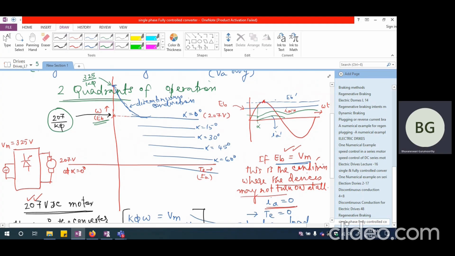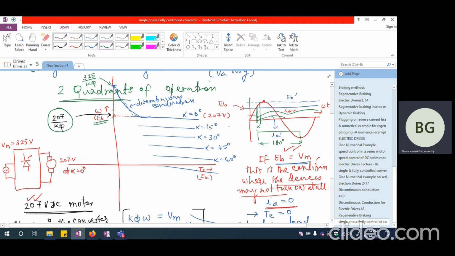Now, if alpha equal to 15 or 30 or 45, for none of them is the ideal no load speed any different, because wherever I am firing them, I will have the pulses going on for 180 degrees. So this is spanning over 180 degrees, a train of pulses.